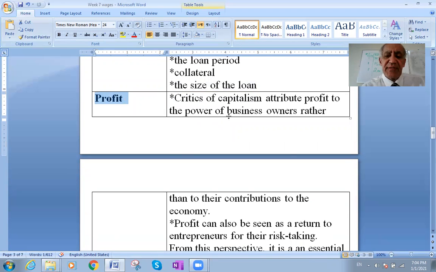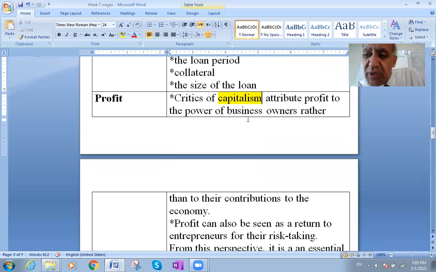How about the profits? Actually, in capitalism, and this word I want you to know, capitalism means that the government lets everything free. The supply and demand are free, and the market equilibrium is free. In that case, they say, as critics, that whatever you gain is not for the worker.